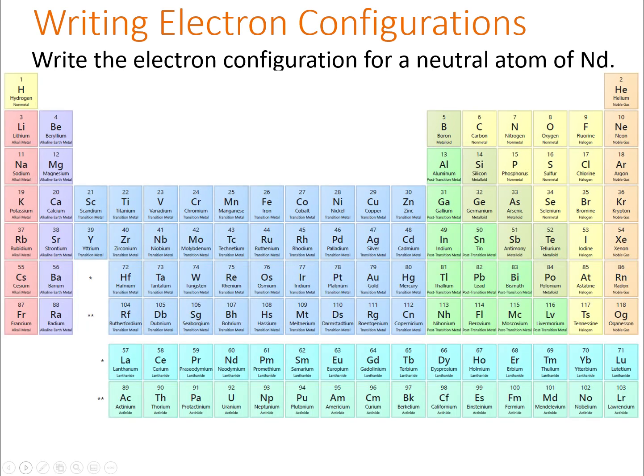Let's do another one. This time we'll do one that's even bigger. We need to write the configuration for neodymium, just all the way down here in the F block.